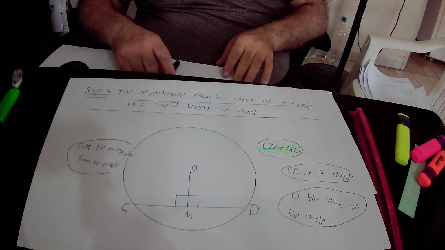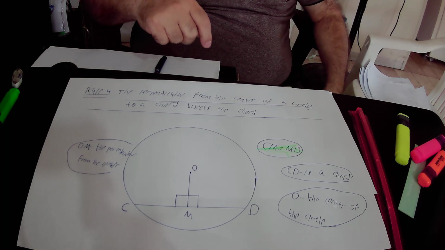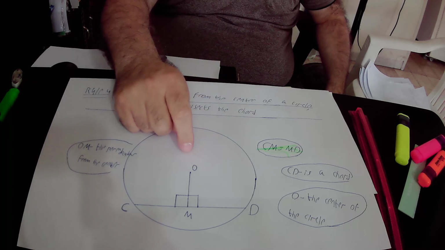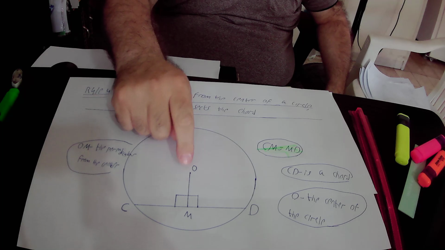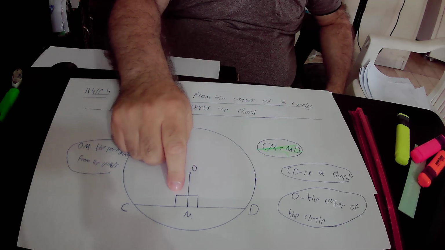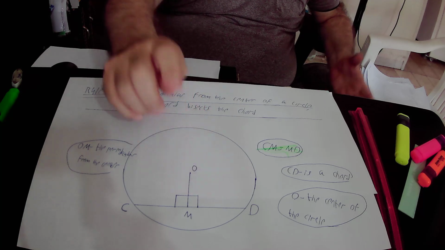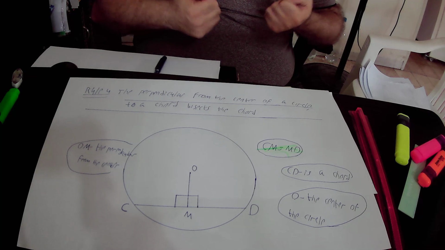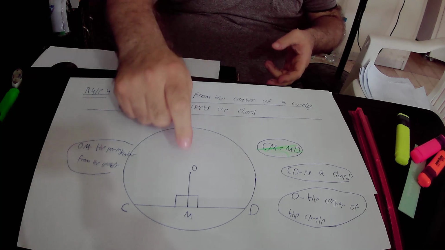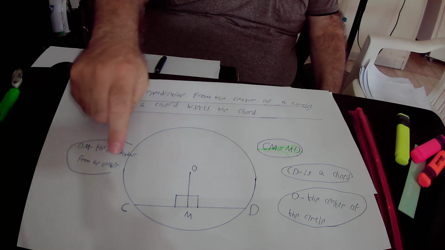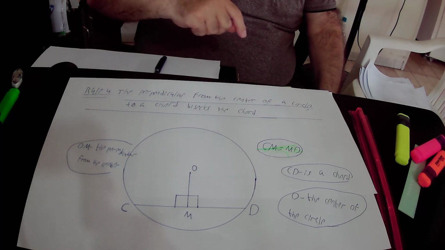So here the center of the circle is point O. From point O, we draw the perpendicular OM on chord CD. So this angle equals 90 degrees, and this angle equals 90 degrees according to our construction. And according to rule number 4, this perpendicular OM bisects chord CD. That is to say, CM equals MD.